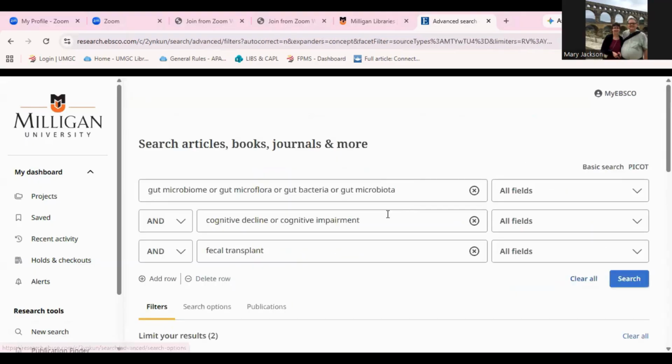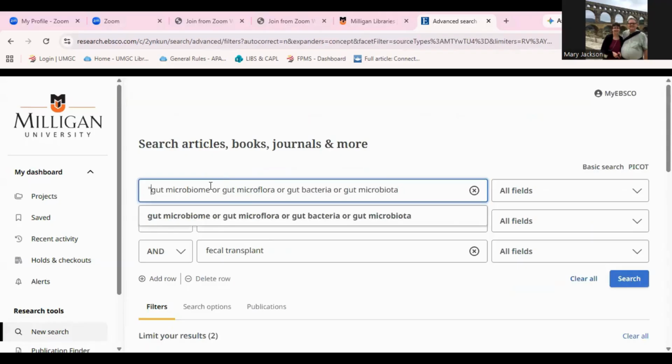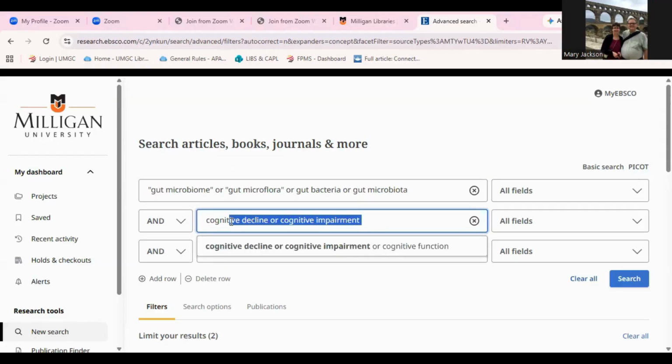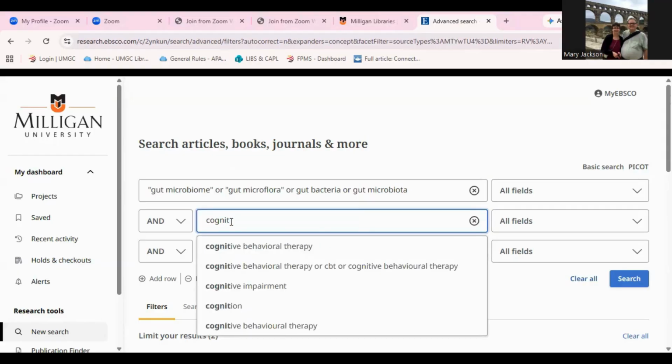So I'm going to go up here and try one. I'm going to do my exact phrase on some of these, though I'm not going to do all of these just because it takes a lot of time. But I'm also going to try truncation on cognitive so I can get cognitive and cognition because that may be important.